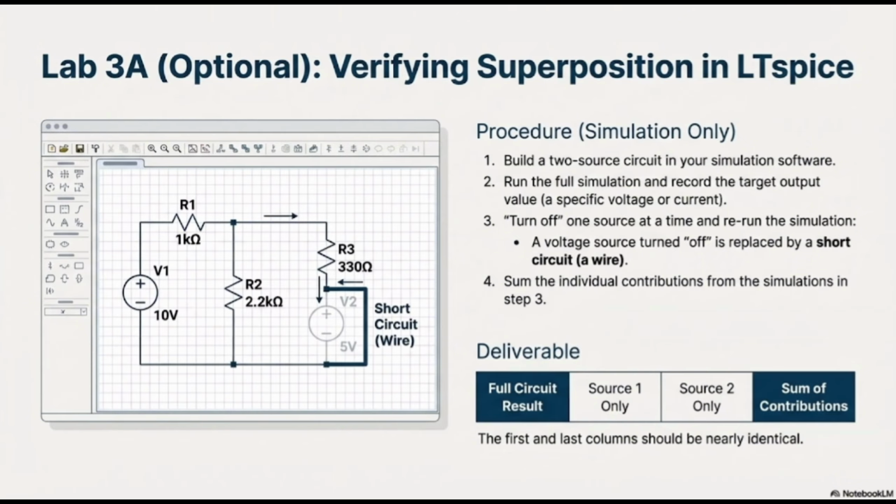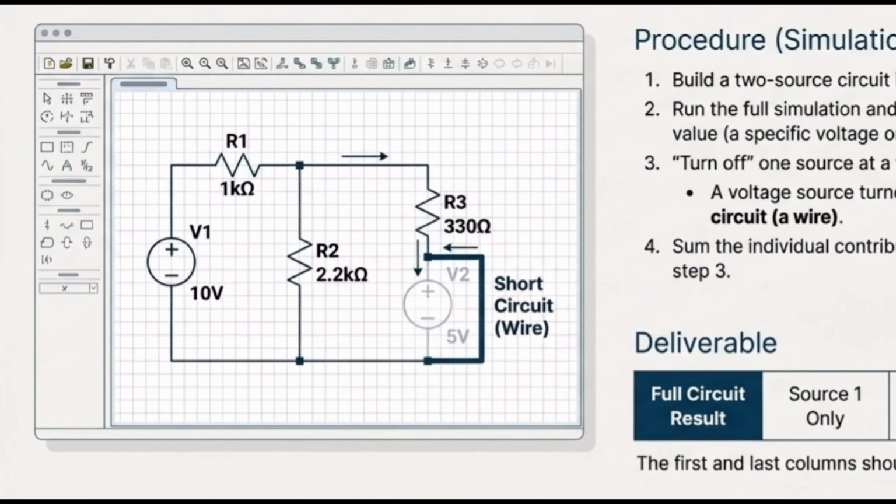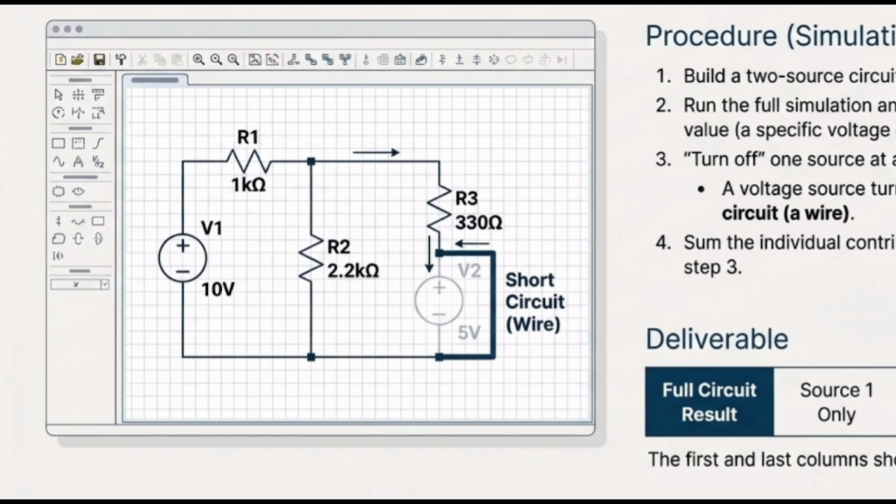In order to verify the superposition, we are going to do a little bit of simulation. You can use different kinds of software, LTSpice or MATLAB, but we are going to use a simple and free software called Falstad. I'm going to put the link in the comments for you. At this point, we are going to prove that if I have a circuit like this and I would like to find the current that goes through here, I have to find the middle current once because of this source, which is I1, and a second time because of this source, which is I2.